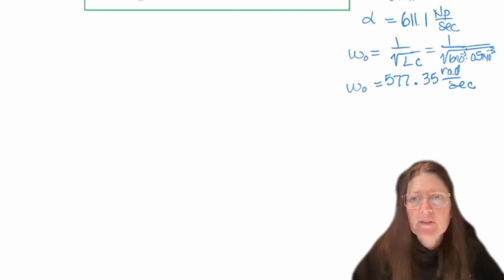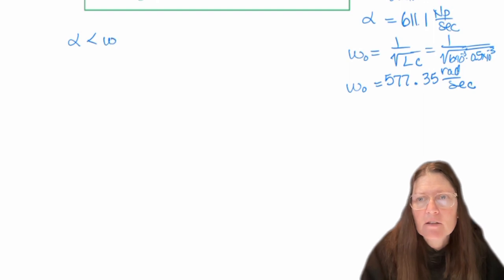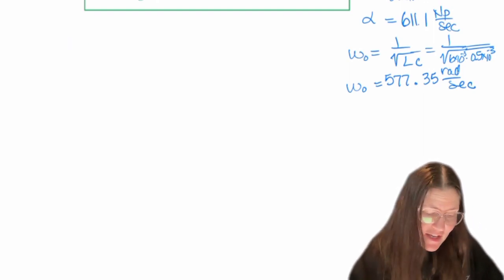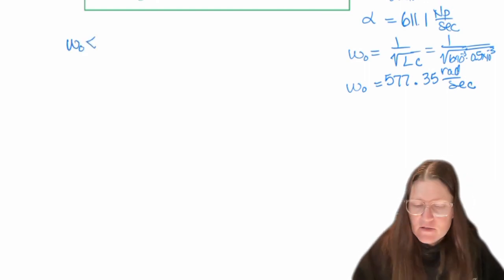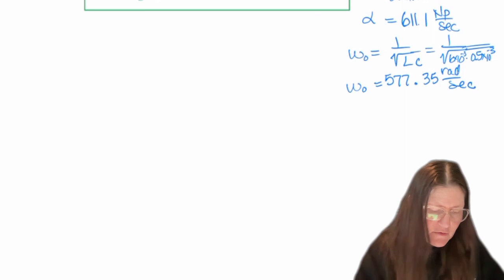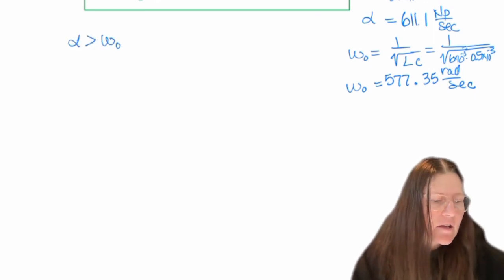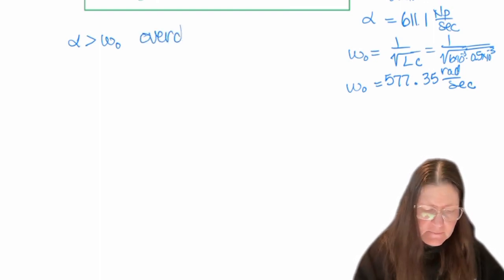And so we can see here that omega naught is less than alpha, or we can write it as alpha is greater than omega naught. And so that puts us at overdamped.